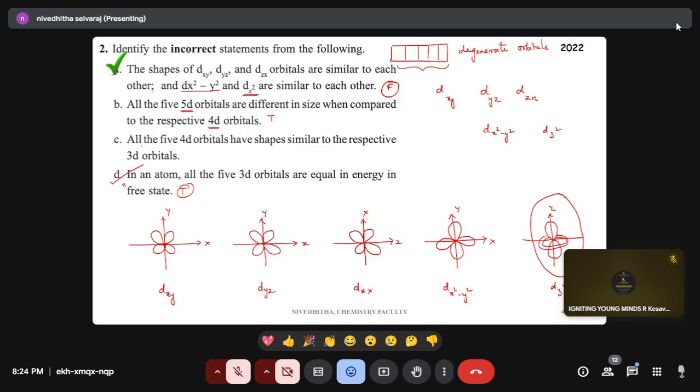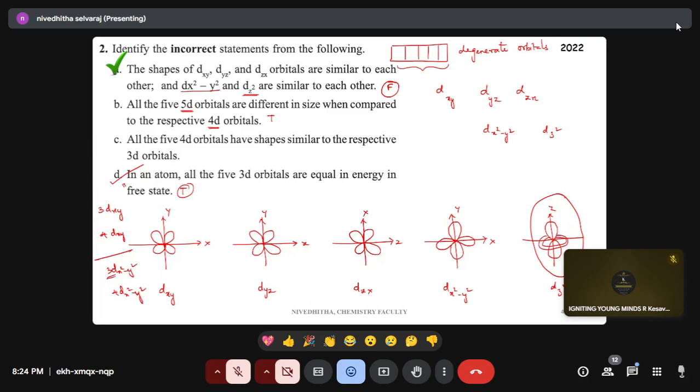And the third statement: all the 5d orbitals have shapes similar to the respective 3d orbitals. See, the shapes of 3dxy and 4dxy are the same, right? The shapes of 3dx square minus y square and 4dx square minus y square are the same, right?